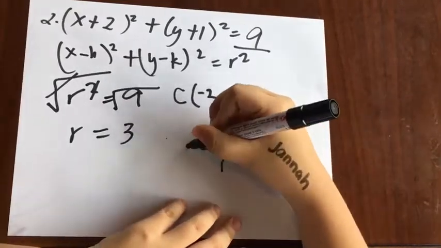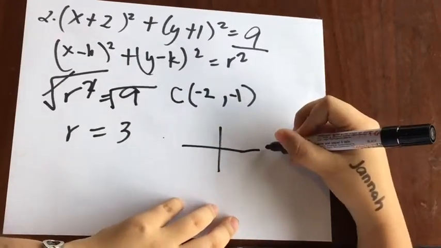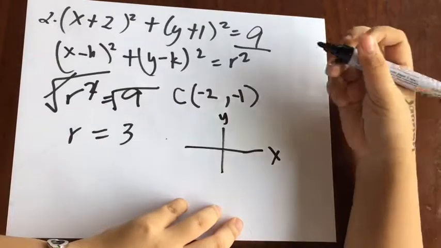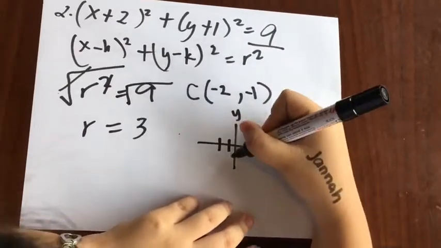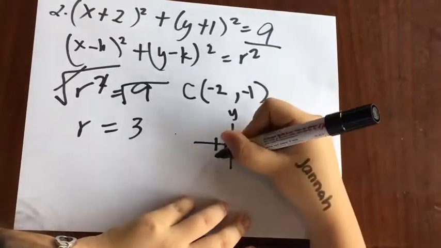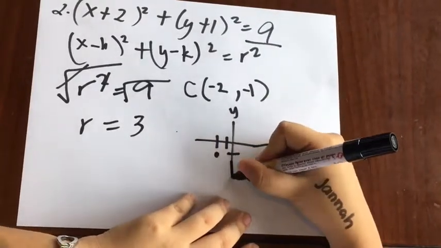So, we will be plotting now. Then, it will be x and y. Then, negative 2, 1, 2, and then negative 1. So, here is our center.